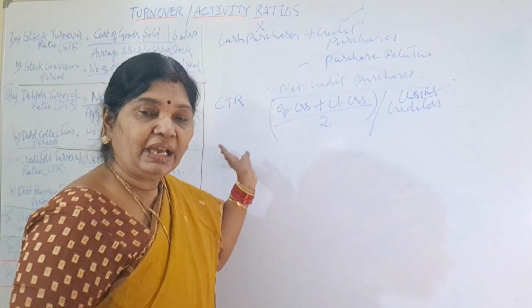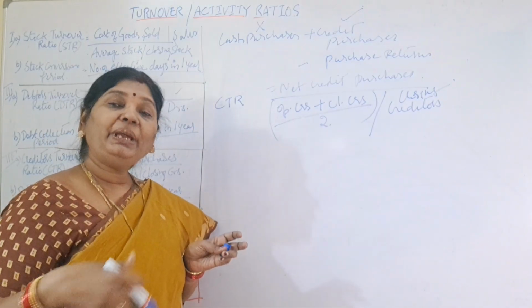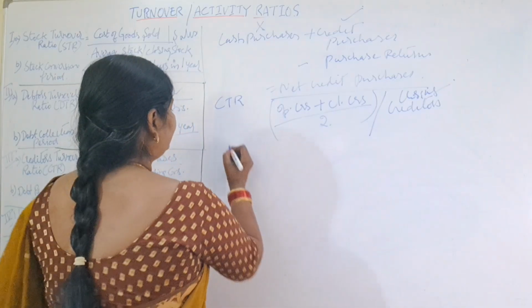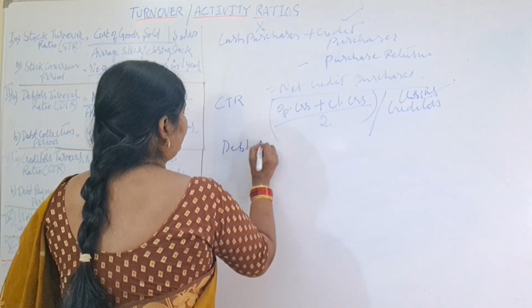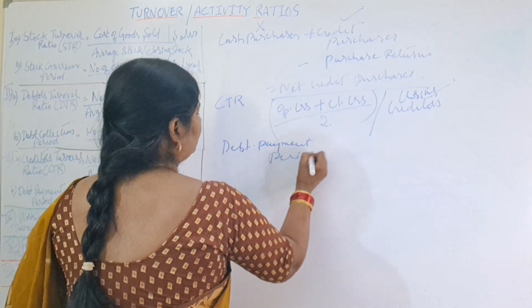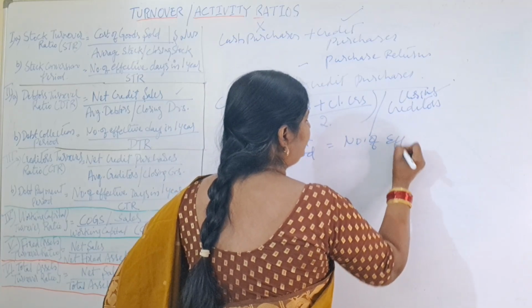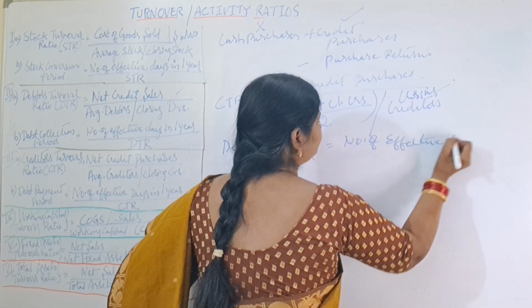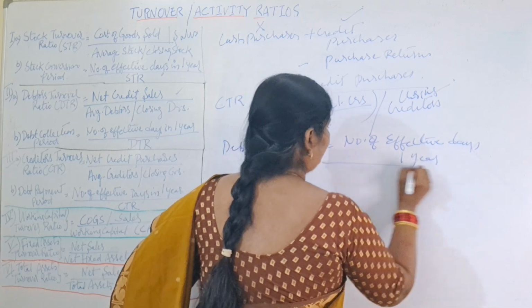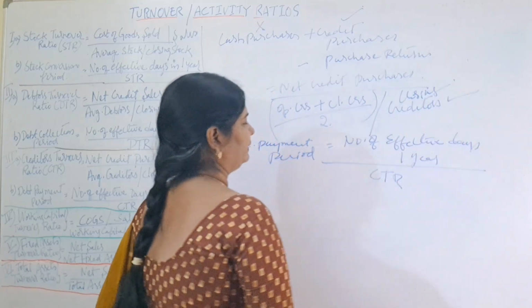Okay, again we have to use this CTR formula. We will calculate our debt payment period. How you will calculate debt payment period? Debt payment period is equal to, what's the formula? Number of effective days in a year, in 1 year, divided by our CTR, what we have calculated here.